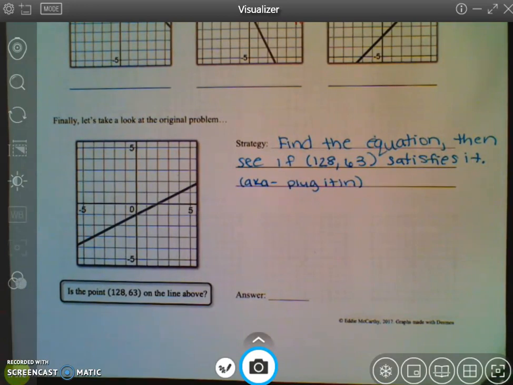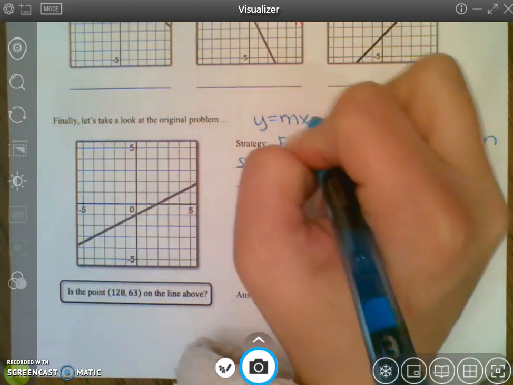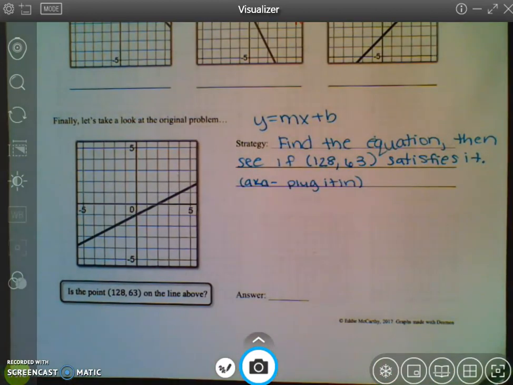Okay, so the first thing we have to do is find the equation, which means it's y equals mx plus b. Remember, write it again if you need to, which means I need my slope and my y-intercept.